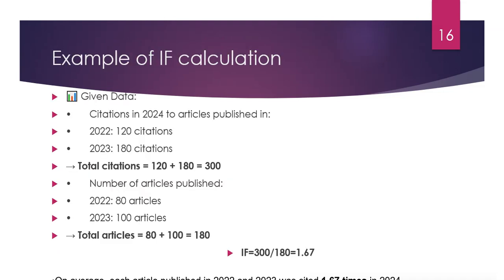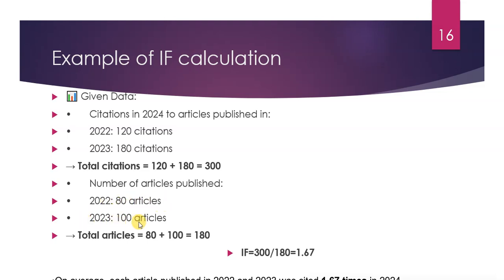Suppose we want to calculate IF in 2024 for a journal. We know that the 2022 citation will be 120 and the 2023 citation was 180. Total number of citations will be 300. Now the number of articles in 2 years: in 2022, 80 articles were published.